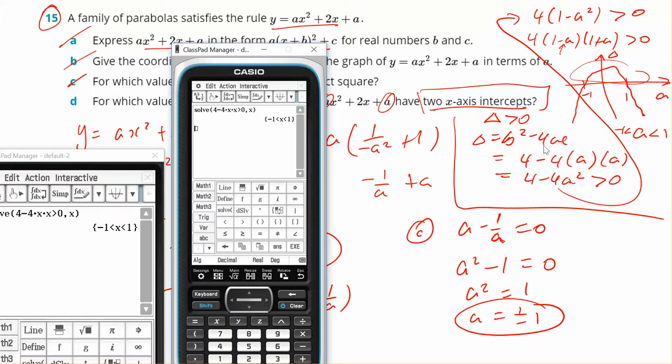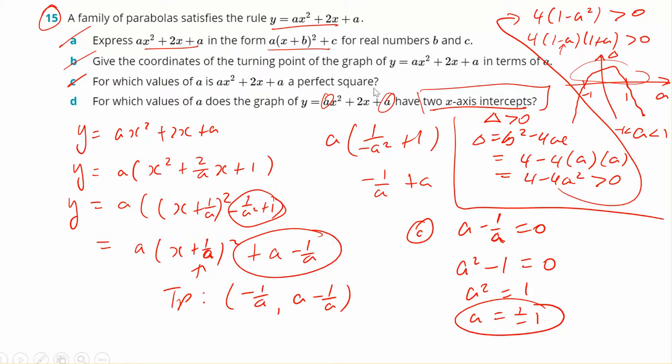But in order to do it by hand, you need to visualize what that graph actually looks like, which I've done there. I've just factorized it so I can see where the x-intercepts are, so I can get which region I want. When it's a frown and I want it to be greater than 0, it has to be up here. That's when the discriminant happens to be greater than 0. So hopefully that helps.